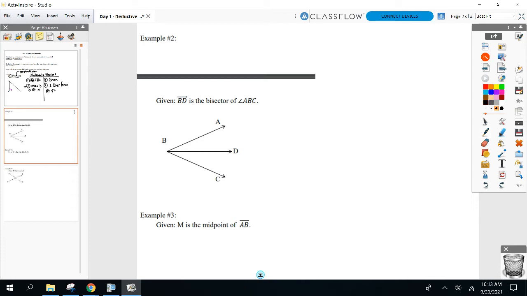Cool, right off the bat, there's a vocabulary term. BD is the bisector of ABC. All right. Here's where I need you to be. If I tell you that, you've got to give me a true fact back. All right, give me a conclusion you know is 100% true. Organize your thoughts, get your statements and reasons columns going. I'll do the same.